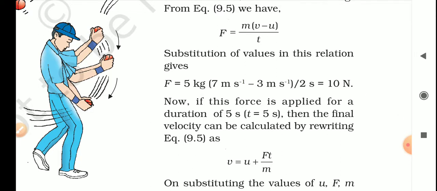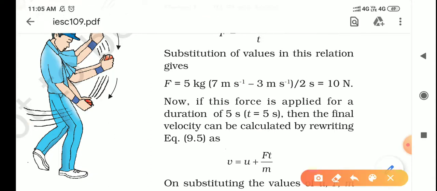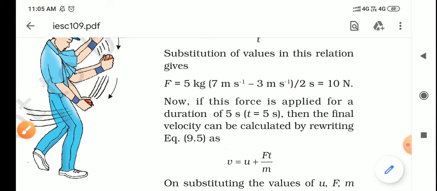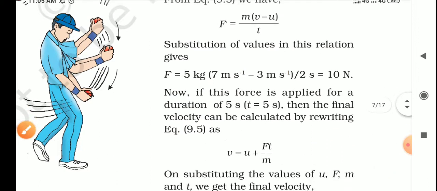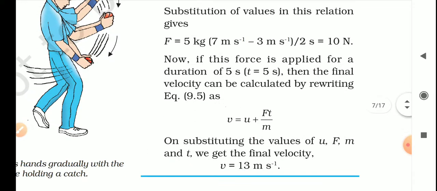The equation that you have used just now is simplified and written in this form. Now on substituting the values of u, F, m and t, we get the final velocity as 13 meter per second.